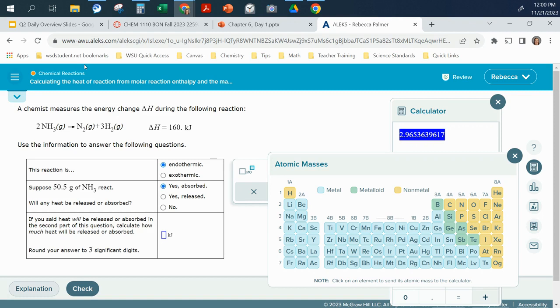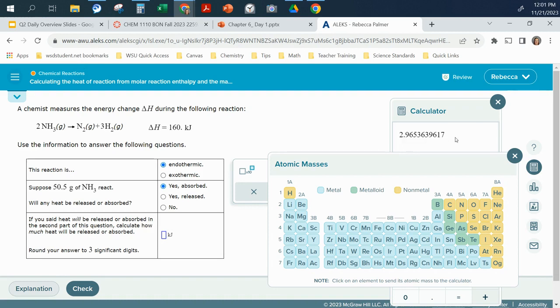So that's our moles from our equation, 2.965 moles of ammonia. And our chemical equation says we need 160 kilojoules for how many moles? 2. Again, this one's 2 moles of ammonia. Moles of ammonia cancels out, and we end up with kilojoules. If you can follow your units, that would be helpful.